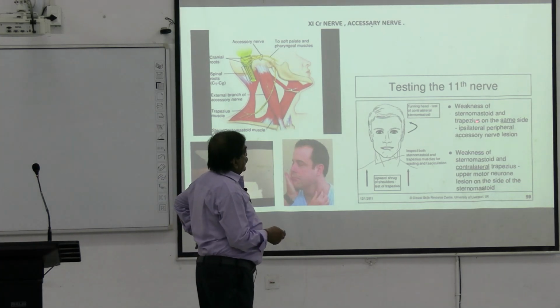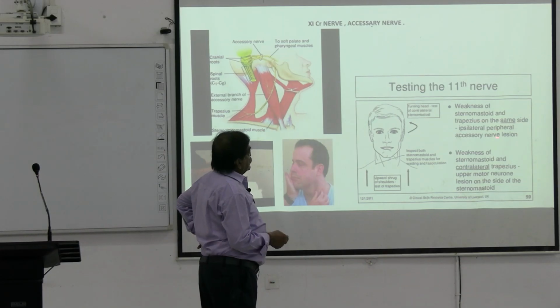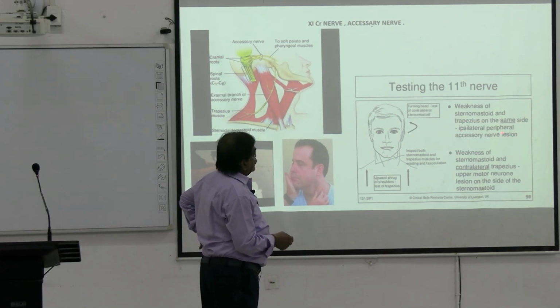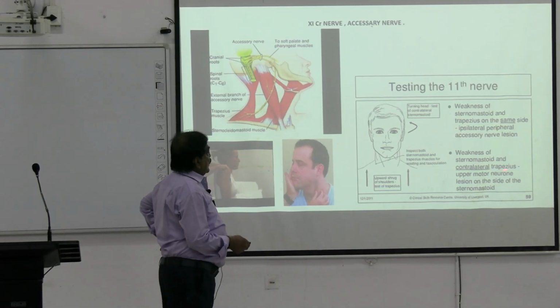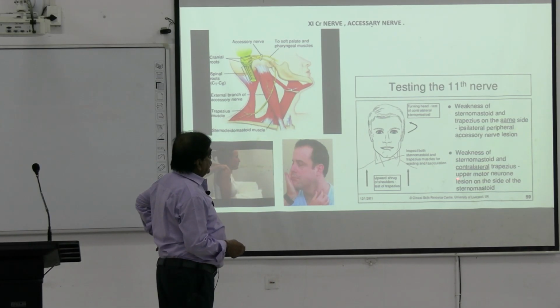Weakness of the sternocleidomastoid and trapezius on the same side: ipsilateral peripheral accessory nerve lesion. Weakness of the sternocleidomastoid and contralateral trapezius: upper motor neuron lesion, with the lesion on the side of the sternocleidomastoid.